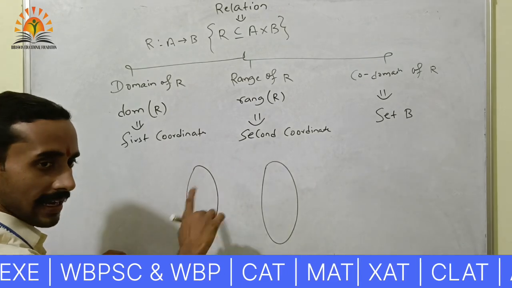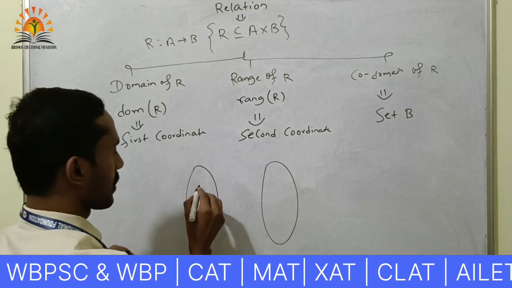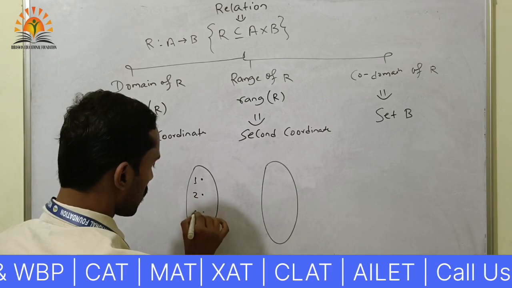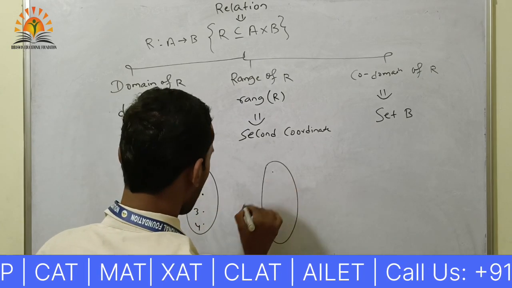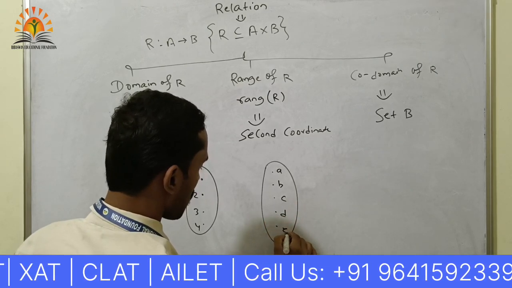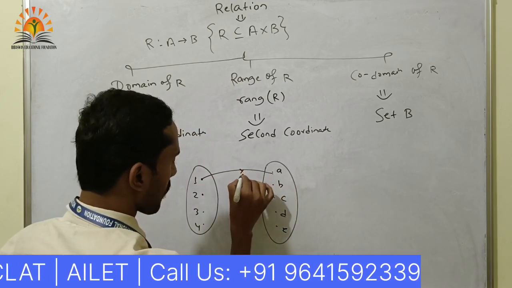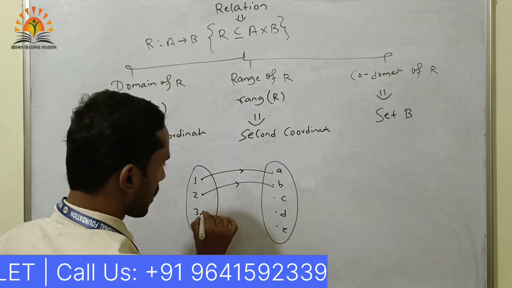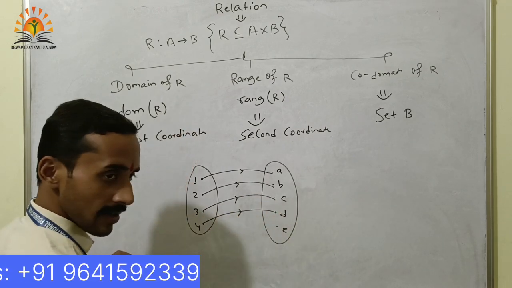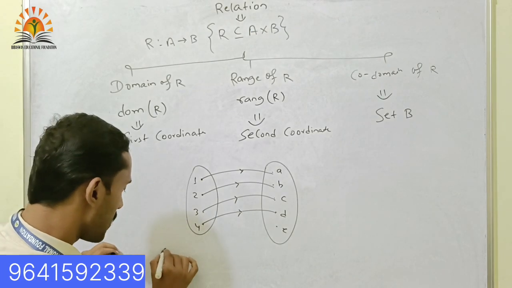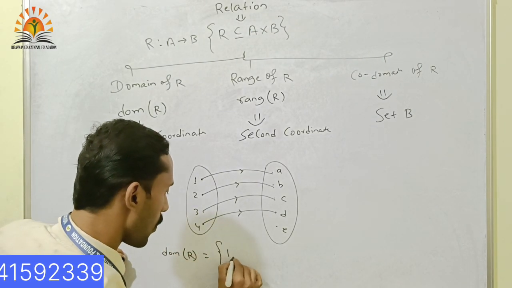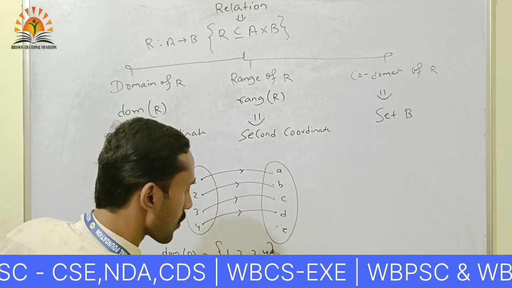This is the arrow diagram representation of a relation. Suppose 1, 2, 3, 4 are connected with A, B, C, D, E. One is connected with A, two with B, three with C, four with D. Now here the domain is 1, 2, 3, 4.